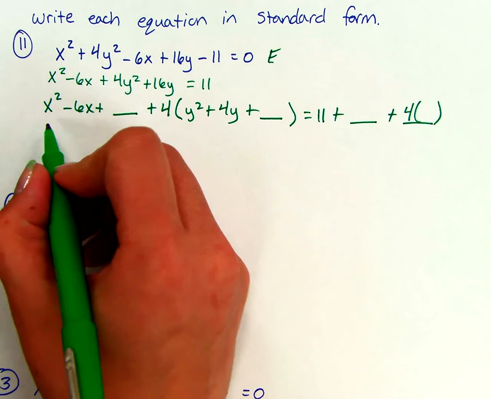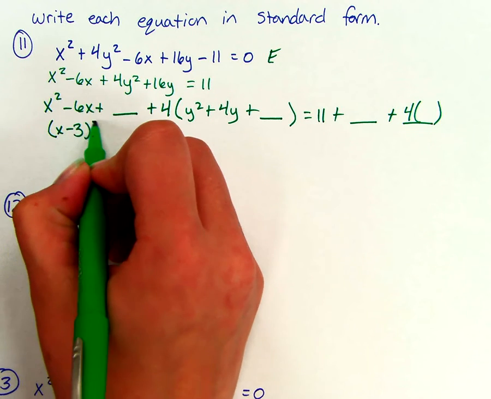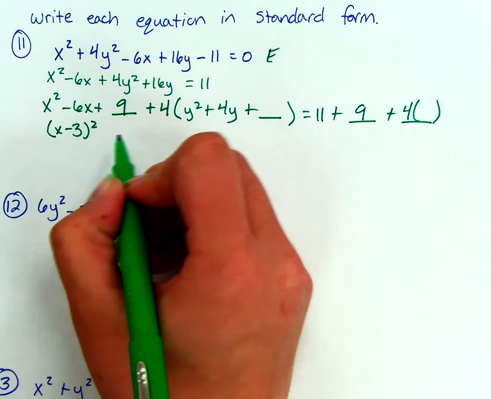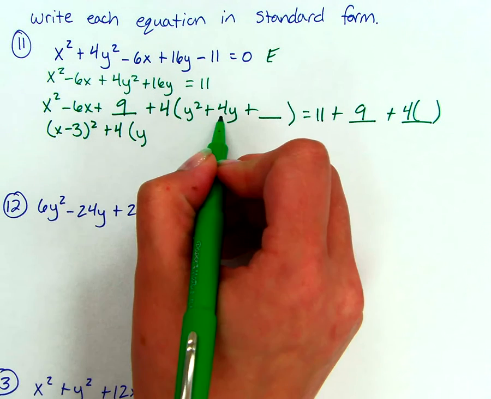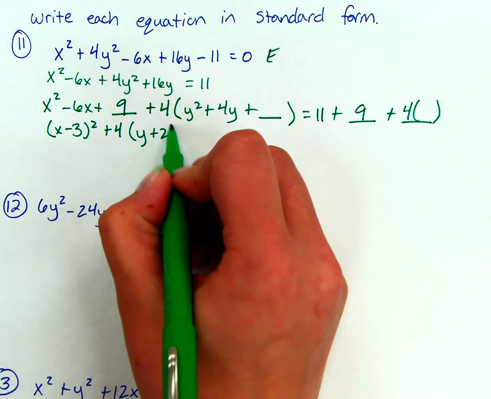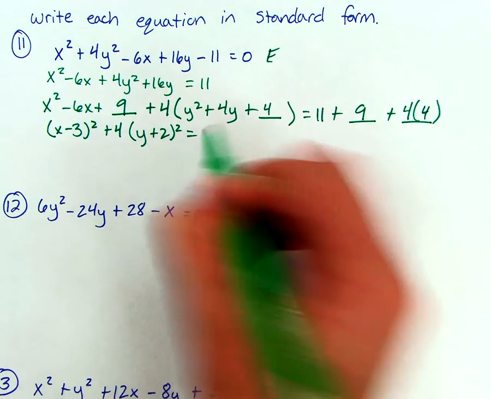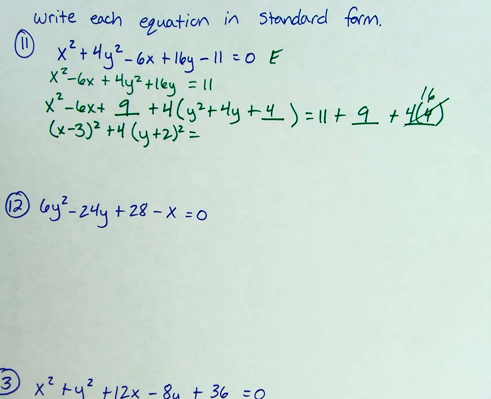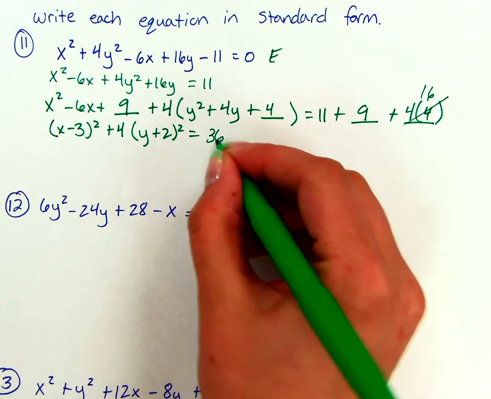All right, so for x, negative 6 divided by 2 is negative 3. And then if we square it, we would get 9. And then plus 4. So 4 divided by 2 is 2, so y plus 2 squared. And then 2 squared is 4. So again, 4 and 4. So this is really 16. So we're taking 11 plus 9 plus 16, which is going to give us 36.